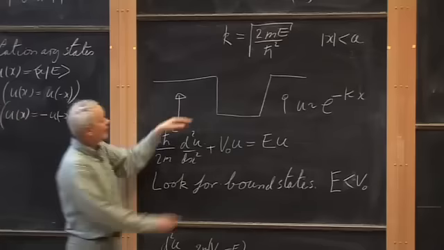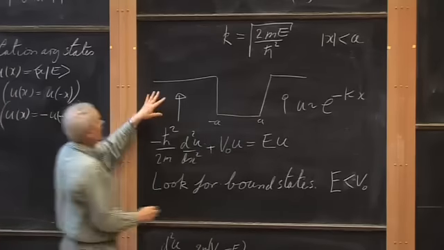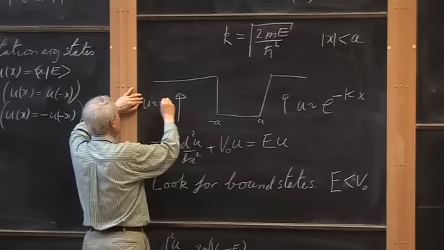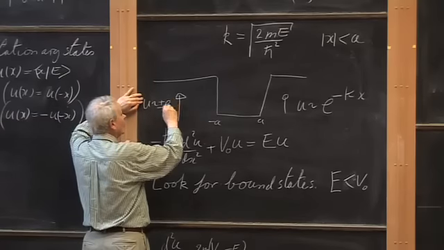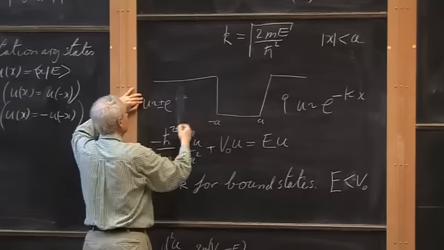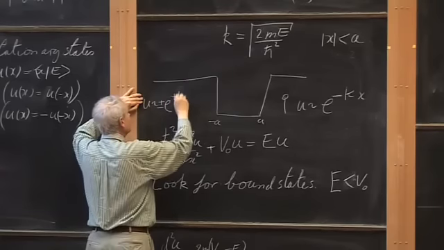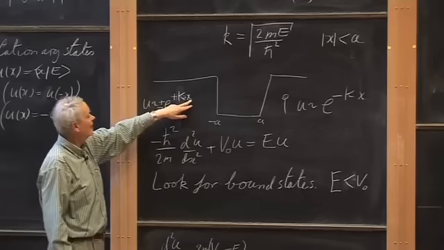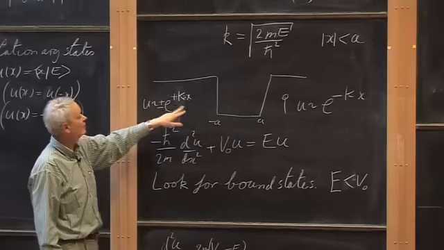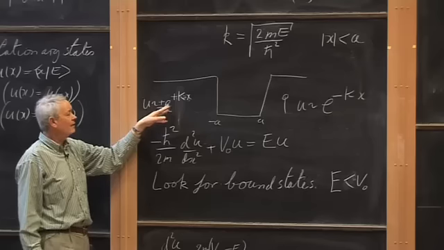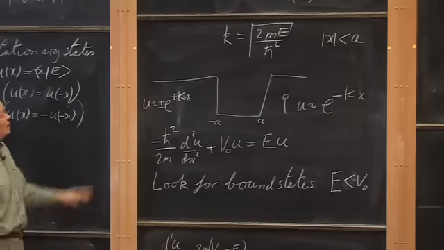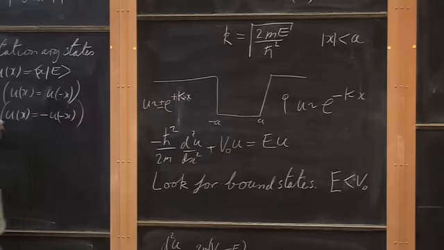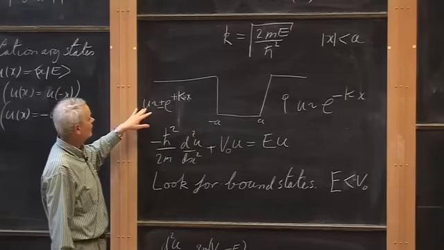If we're on this left side here, where x is negative, then we want to take u going like either plus or minus e to the plus Kx, because x is negative in this zone and the negativity of x gives the exponent negativity, so that the bigger x becomes in modulus, the smaller the wave function becomes.